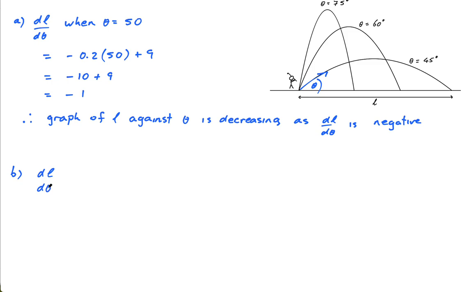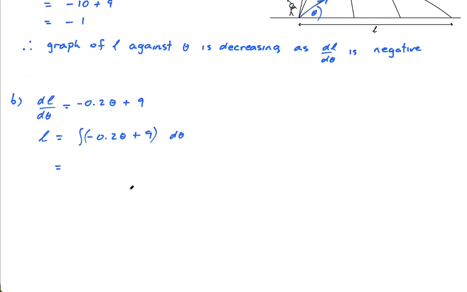dL/dθ is equal to negative 0.2 theta plus 9. Now we can say L is equal to the integral of negative 0.2 theta plus 9 dθ.